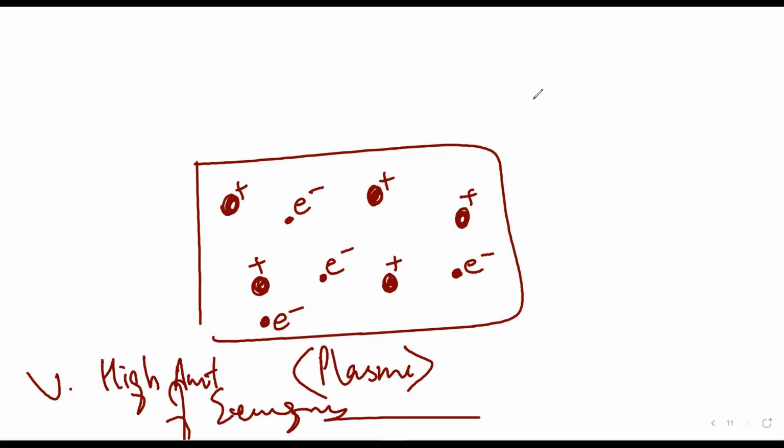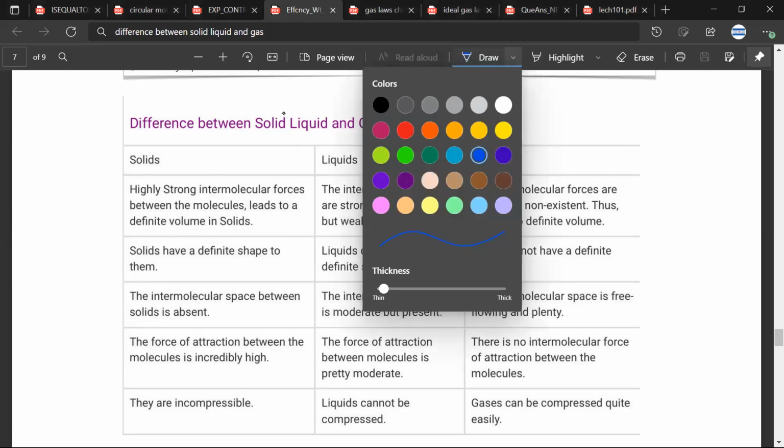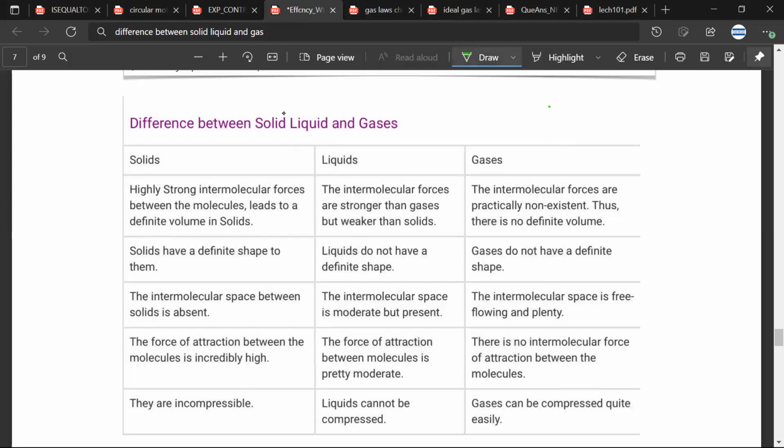Okay, so in terms of molecular forces, the highest amount of intermolecular forces is in solids, stronger than gases but weaker than solids for liquids, and practically non-existent in gases. Mr. Ariman, any doubt?